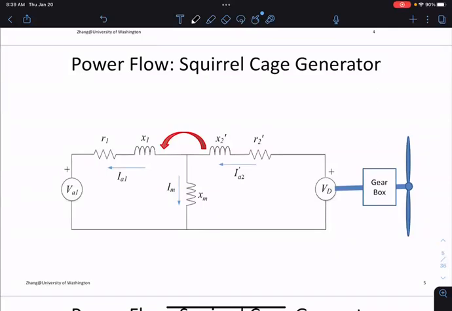The power first comes out of the gearbox. This is how much power is entering into your generator. After the power comes out of the gearbox and goes into your generator, we have some developed power. This PD is called developed power.